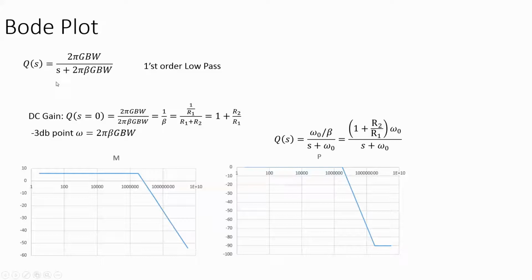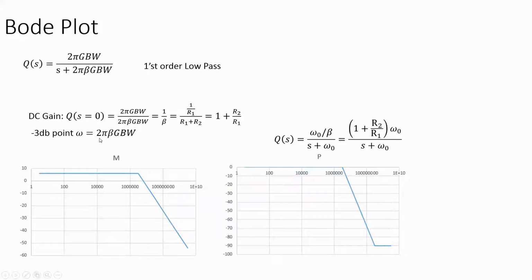Remember, quite often when we're finding an ideal op amp's transfer function, we let the open loop gain go to infinity. Well, this being bigger than that is kind of the same thing, letting the open loop gain go to infinity. So we've got back our non-inverting gain.